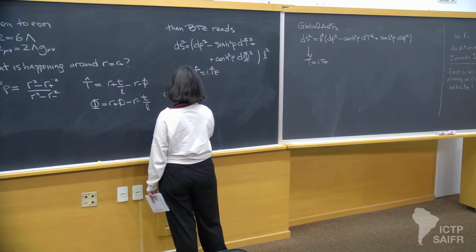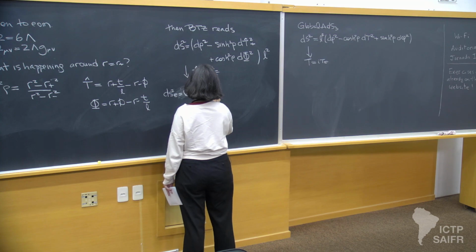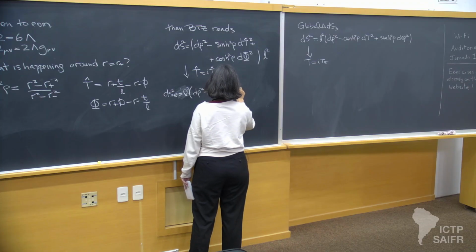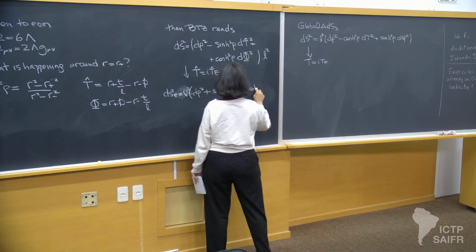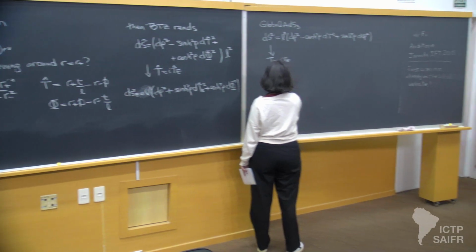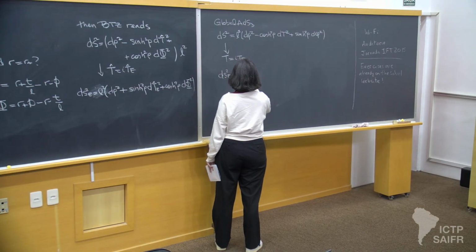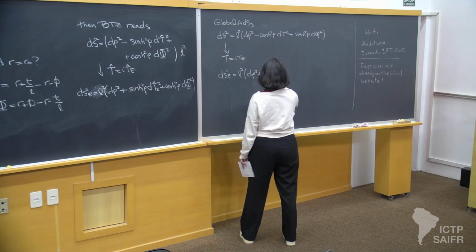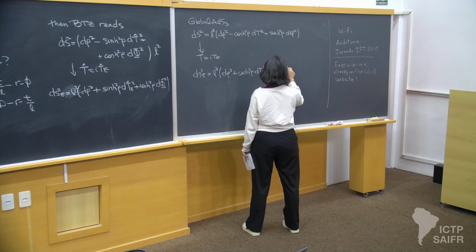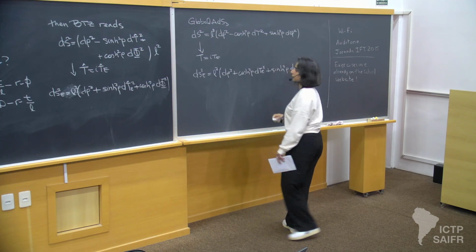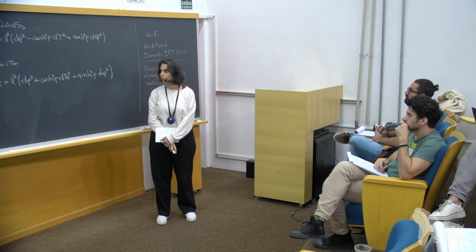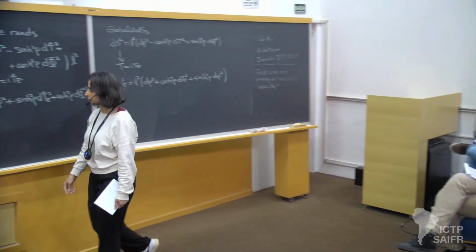So the Euclidean metric is this. So what would we conclude if I focus on these Euclidean line elements?